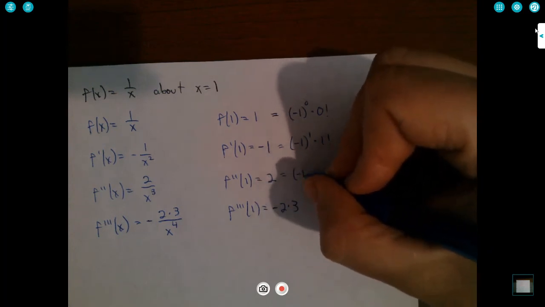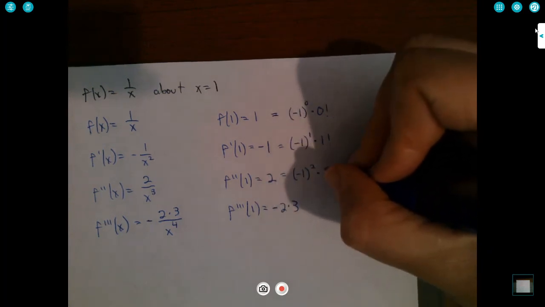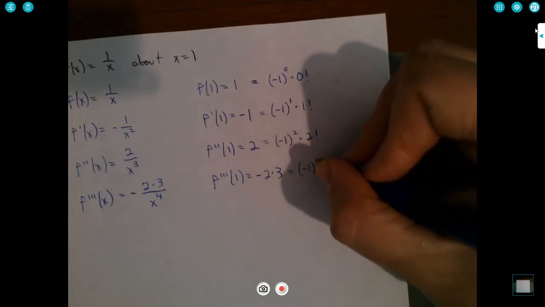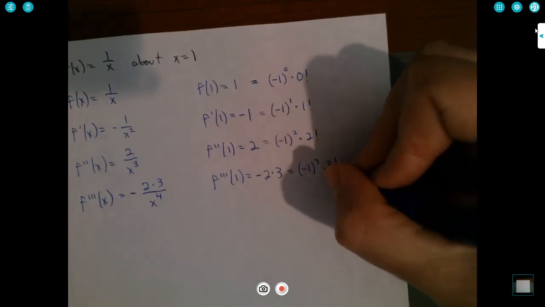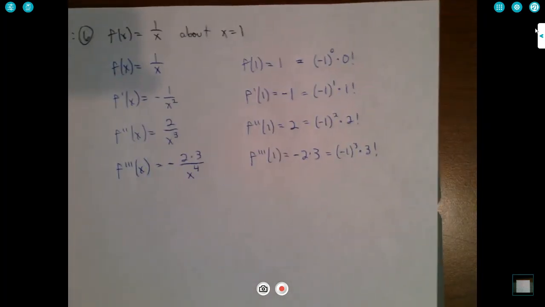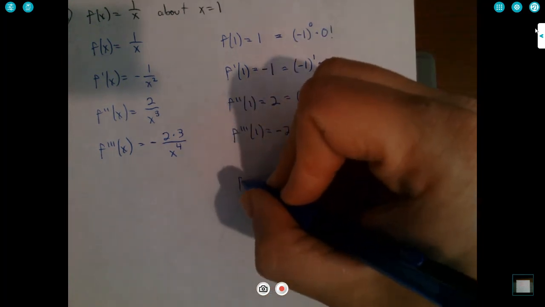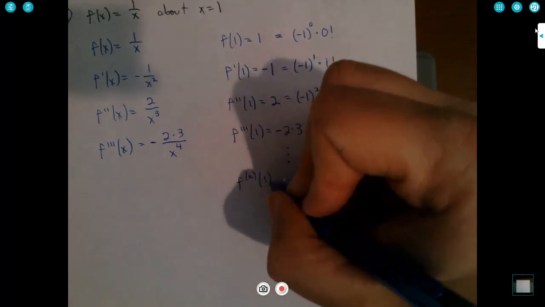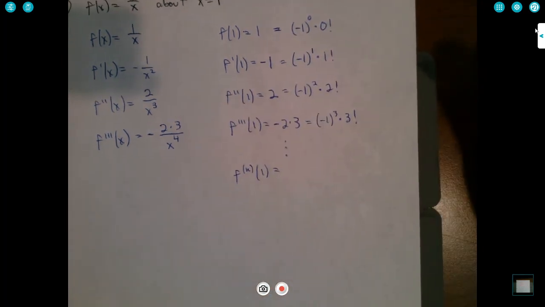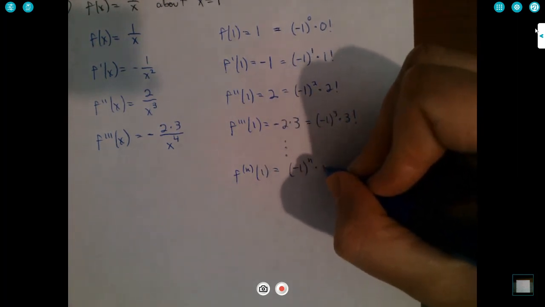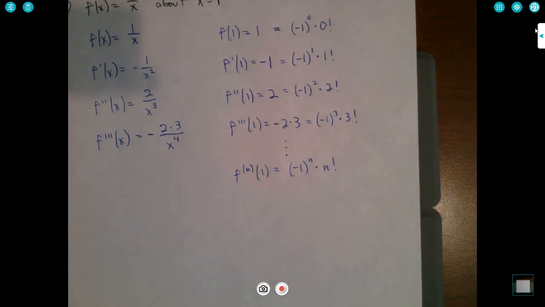This is negative 1 to the 2nd power times 2 factorial. And this is negative 1 to the 3rd power times 3 factorial. So I have a feeling that pattern's going to continue. So the nth derivative evaluated at 1 is going to be negative 1 to the n times n factorial. Isn't that nice?